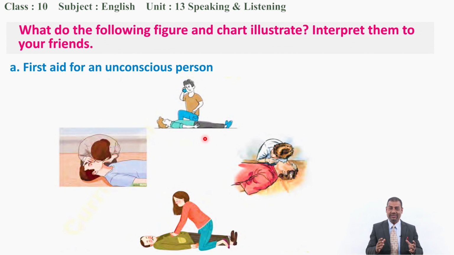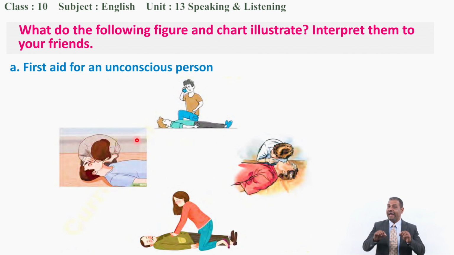Is that good? After that, what is the woman doing there? Yes, she is pressing the chest. Why? She is pressing the chest of the person in order to take out, maybe, water or something else, and at the same time as preparation for blowing air. And finally the man is sealing his mouth with the unconscious man's mouth and blowing the air.